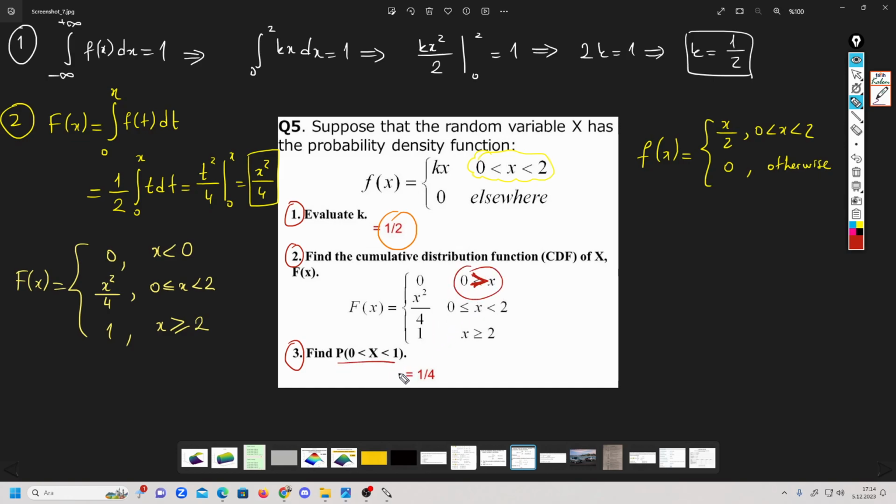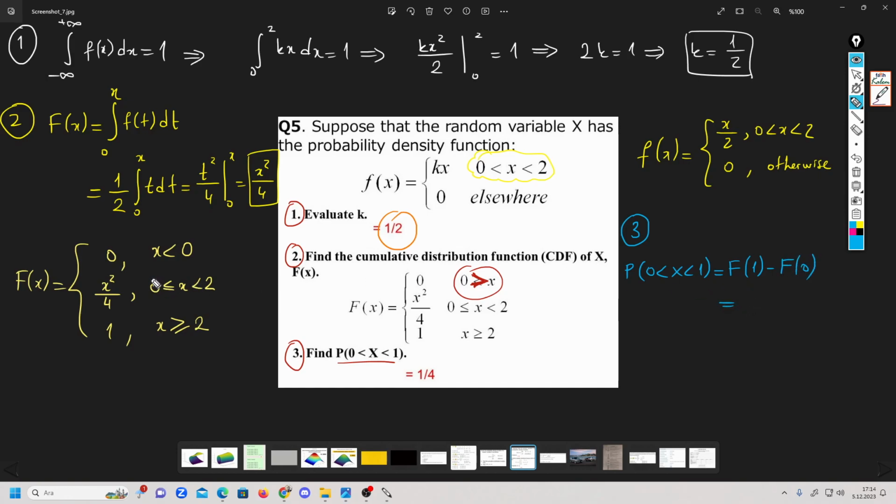And finally C, I'm sorry, the third one, find the probability x is between 0 and 1. It means that capital F of 1 minus F of 0.